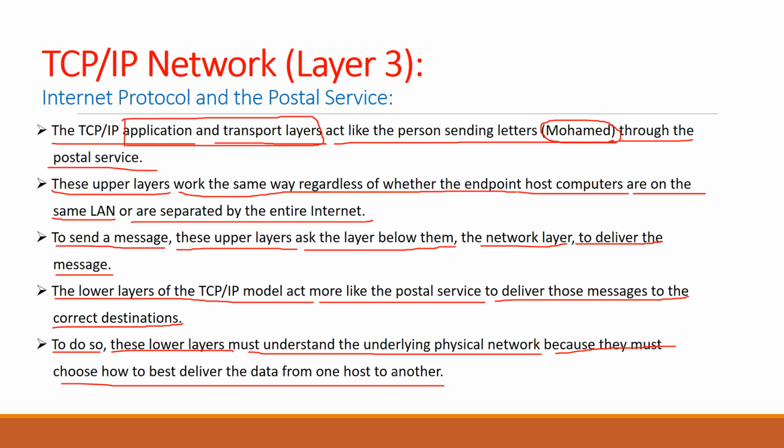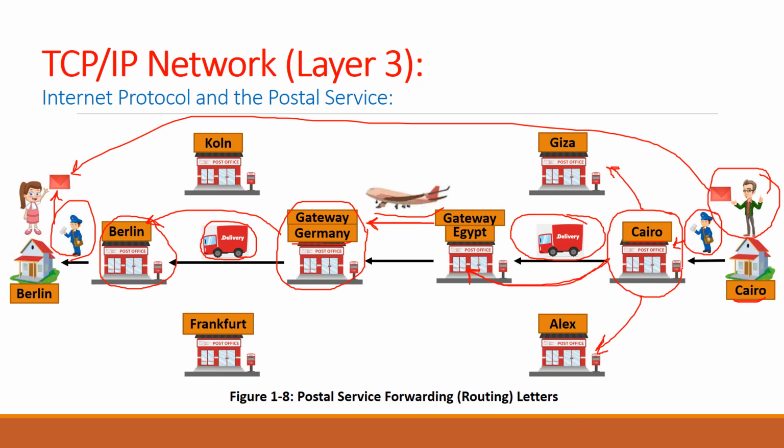In the case of sending from Muhammad's location to the gateway, it used two different mediums. The first option was the post office man, as we saw here, and then the truck.